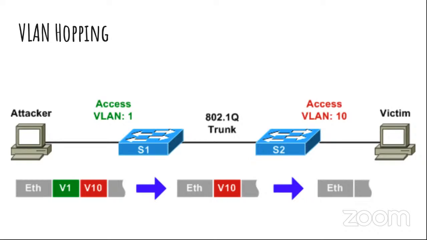So the attacking packet would look like it's coming from a trunk. In double tagging, there are 2 VLAN tags within the packet. This way, the first one gets stripped, and then the second one takes the attacking packet to the destination.